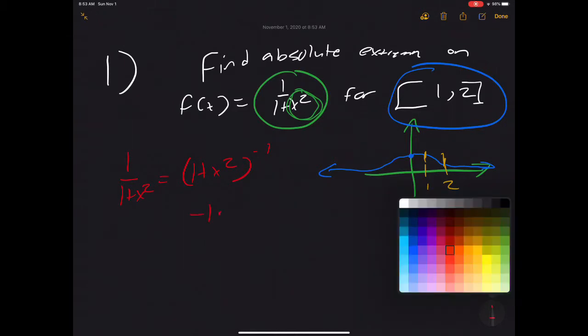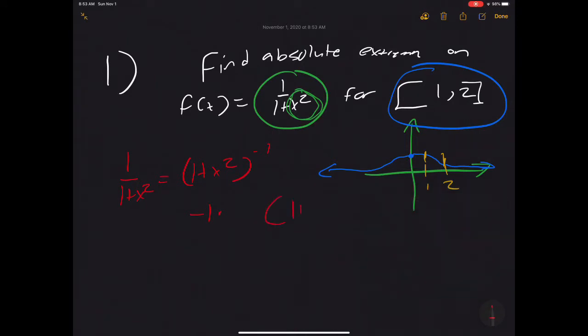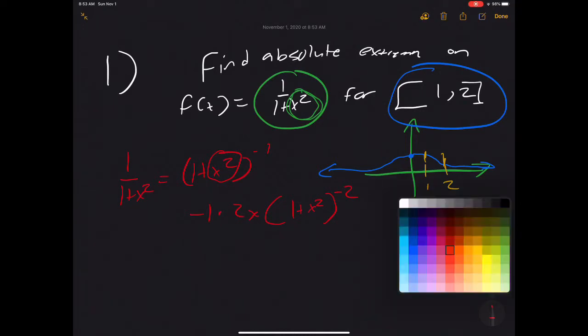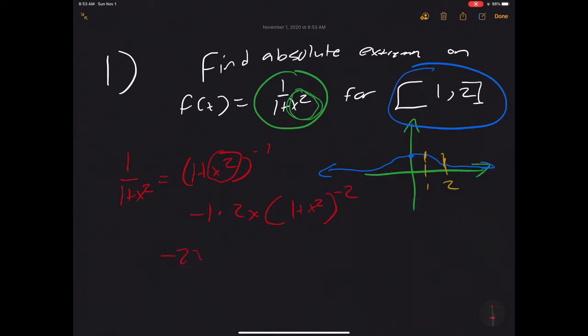So the derivative of the outside is negative 1 times 1 plus x squared to the negative 2. The derivative of the inside is 2x. And that's my product rule, or that's my chain rule. So I end up with negative 2x over 1 plus x squared squared.